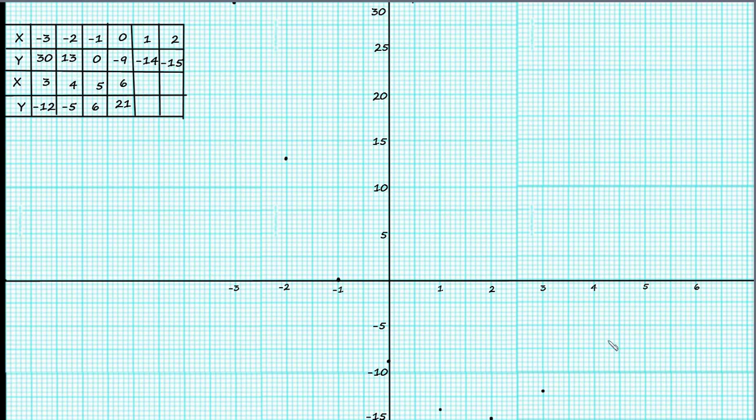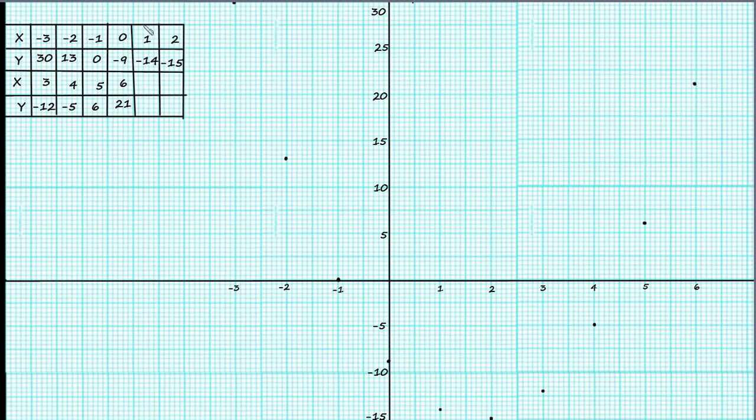Our 4 is minus 5. Our 5 is 6. After 5, you move 2 steps, and our 6 is 21. So this is 20, and you take 2 steps again.